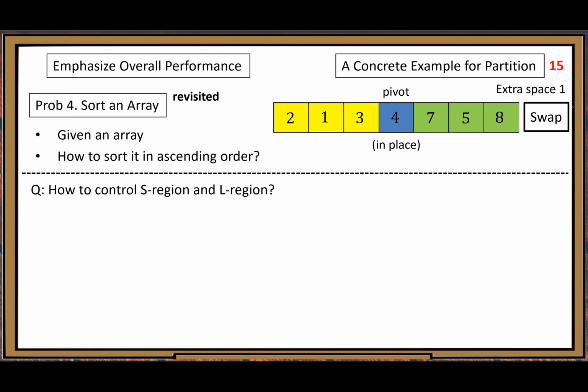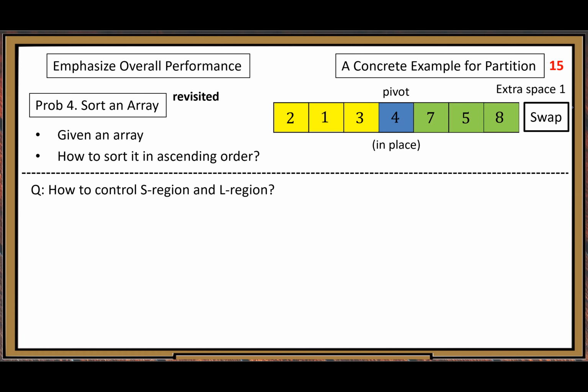Next, we need to fix some little technical details, such as this question: how to control the S region and L region, right? Visually, you understand how to manipulate the elements. But in your program, you need to write your code to do it. These two control these two regions.